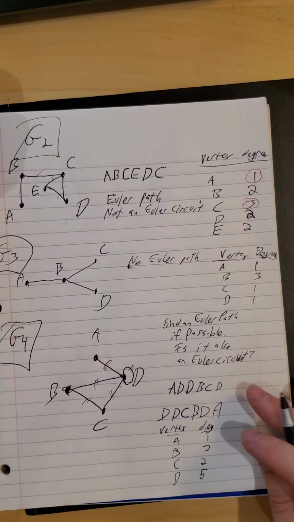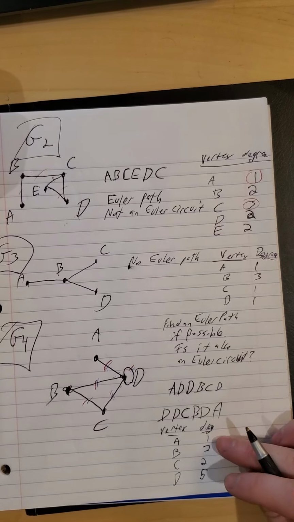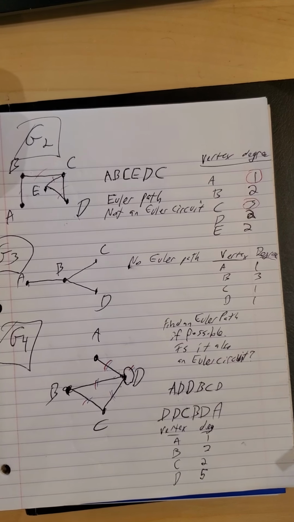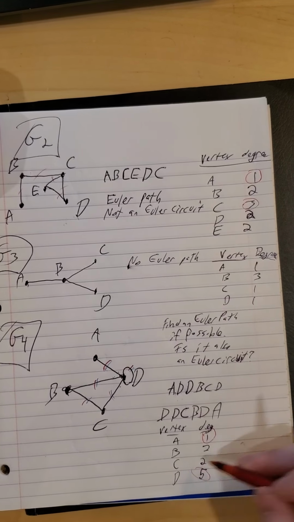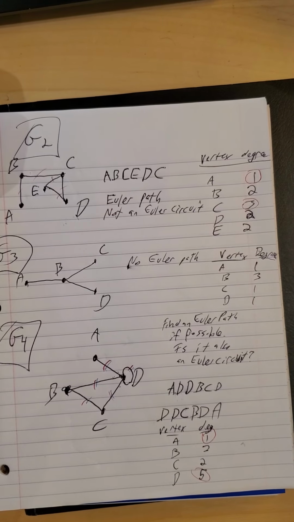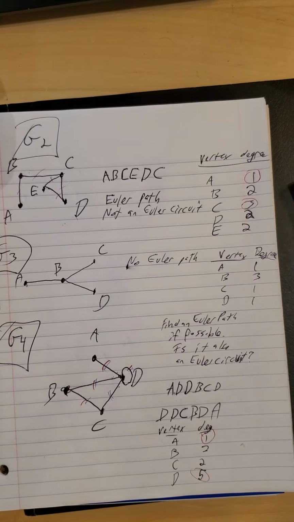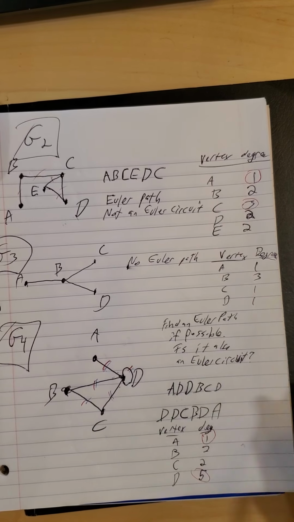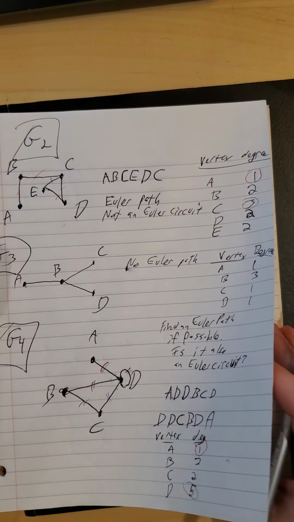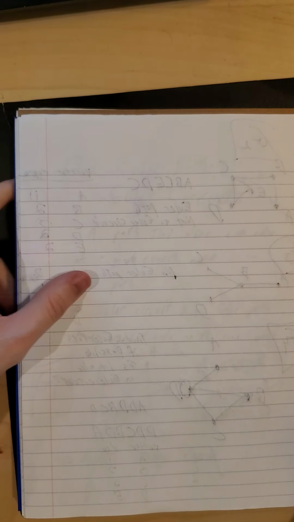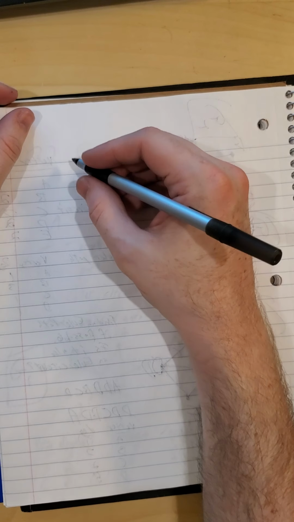So all of our Euler paths for that one either began or ended on an odd degree. And it turns out that in general, the number of odd vertices tells the story on whether there's an Euler path or an Euler circuit.